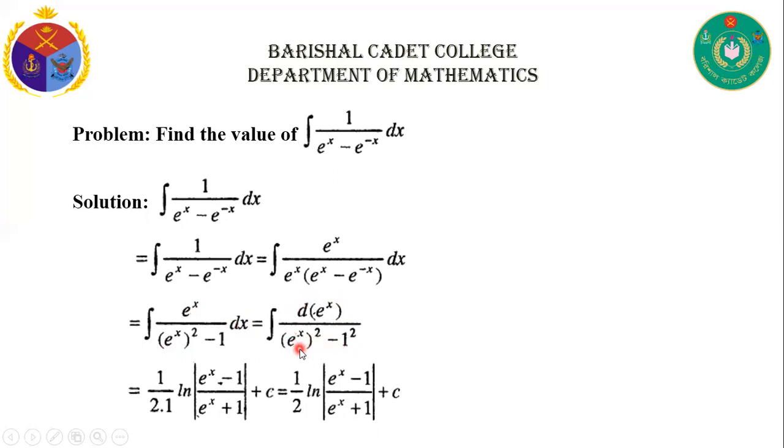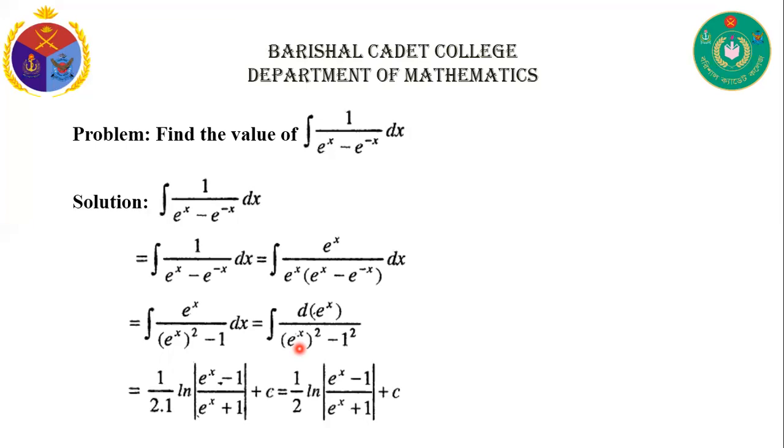Now we know the formula: the integration of dx by (x squared minus a squared) is 1/(2a) ln |(x - a)/(x + a)| plus c.